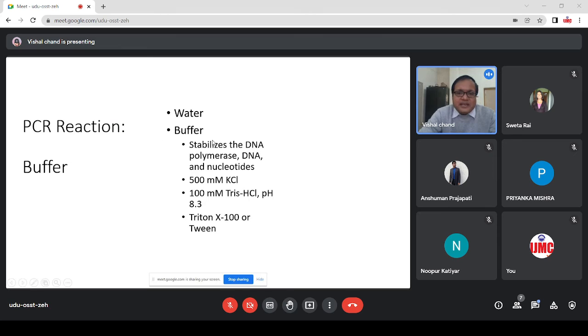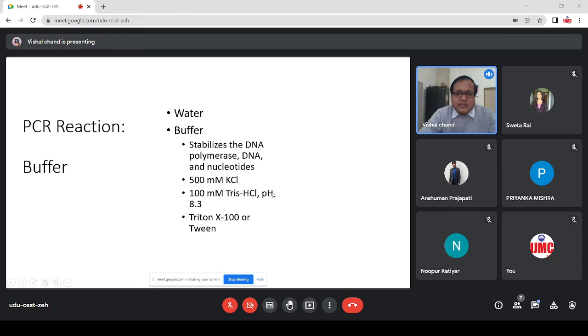Buffer. Buffer helps in the stabilization of the DNA, polymerase, and the nucleotides. So all the components, like the DNA polymerase enzyme, DNA template, and nucleotides, get stabilized in the buffer. And how can we create a buffer?